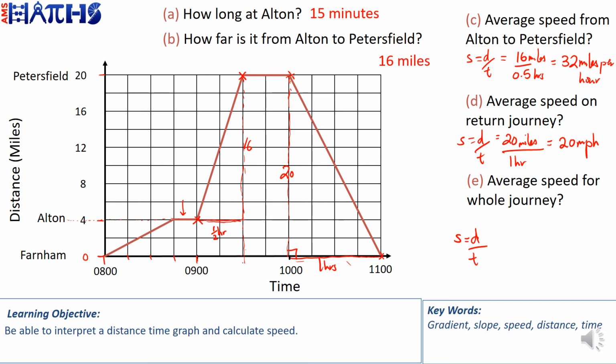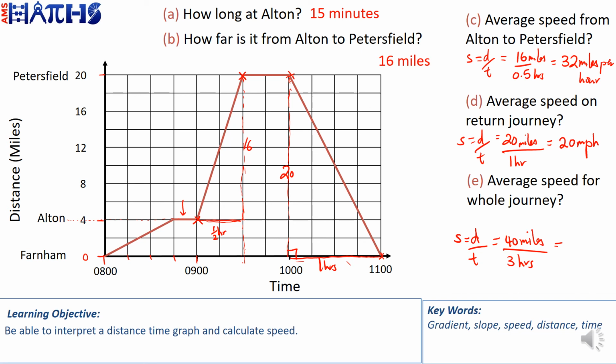The total distance traveled would have been 20 miles from Farnham to Petersfield, and then 20 miles back from Petersfield to Farnham. So that will be 40 miles, and the time to do that was 3 hours from 8 a.m. to 11 a.m.